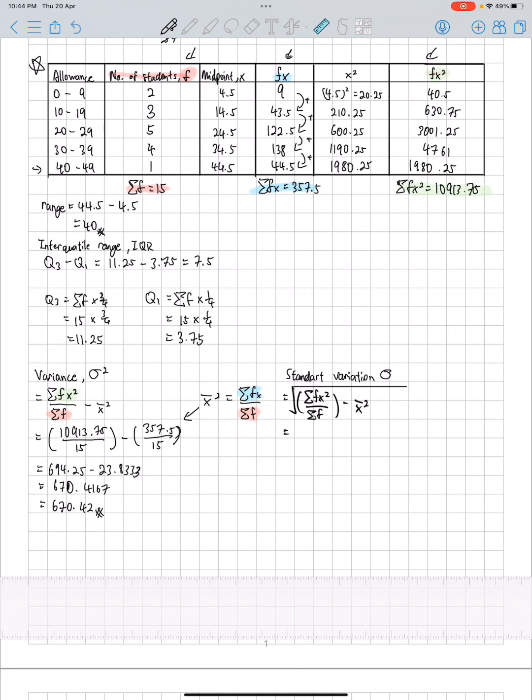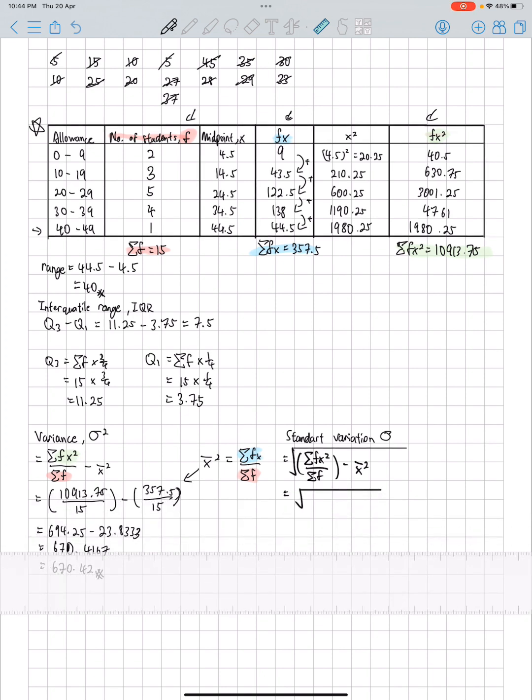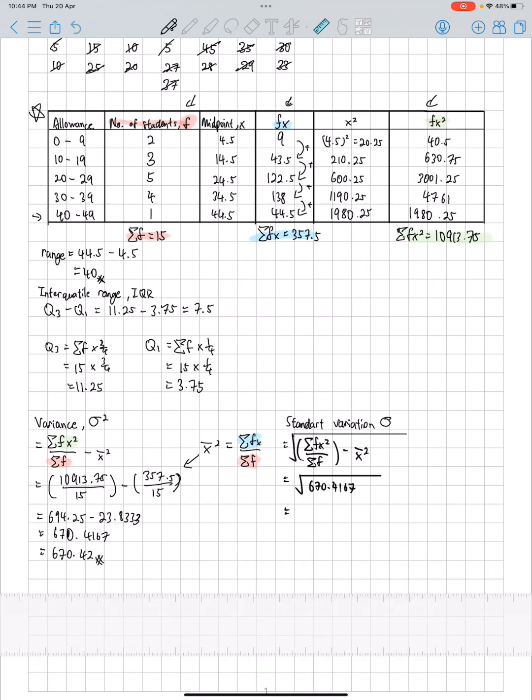And just calculate it. But if you have done the variance step, you can actually just use the variance number. So for example, here I put a longer decimal place, so it will be more accurate.